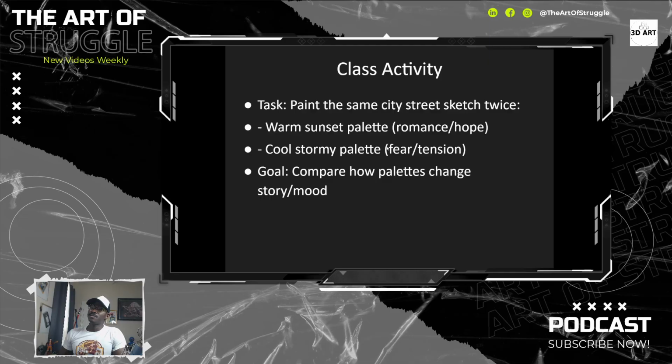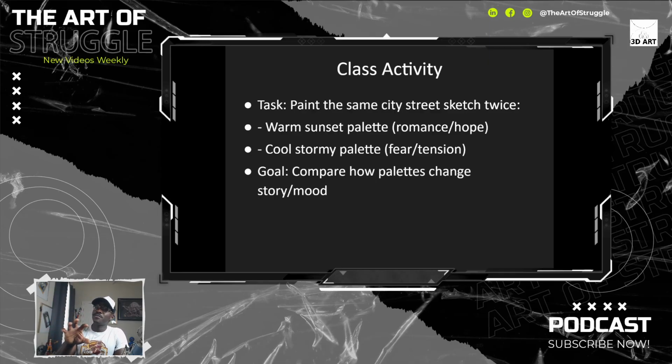So, paint a city street, use a warm sunset, then make a cool stormy version. Compare how the palettes change the story and the mood, right? So you're doing two line sketches, one warm, one cool, just so you can see how they relate to each other, right?